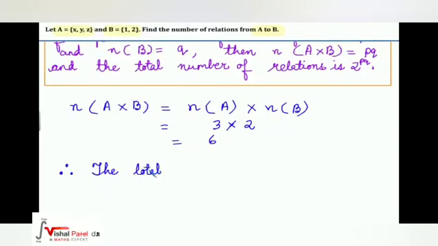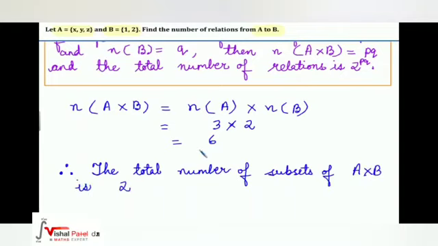So the total number of subsets of A cross B, which are also called the relations from A to B, is 2 raised to 6, that is 64. 64 is your final answer.